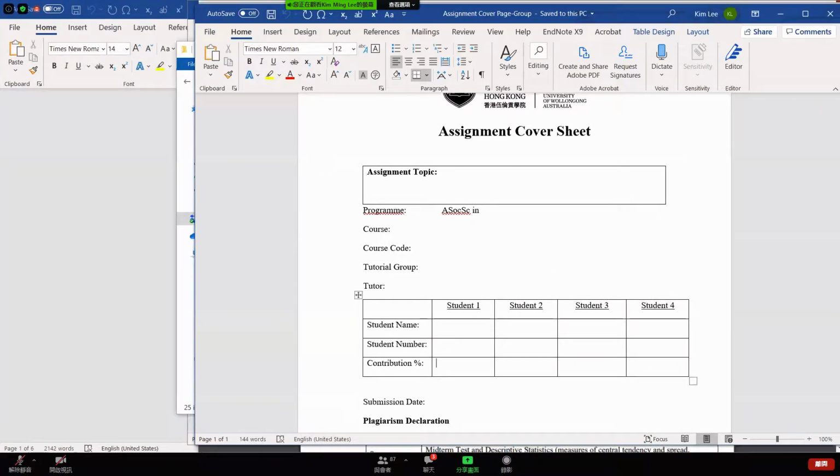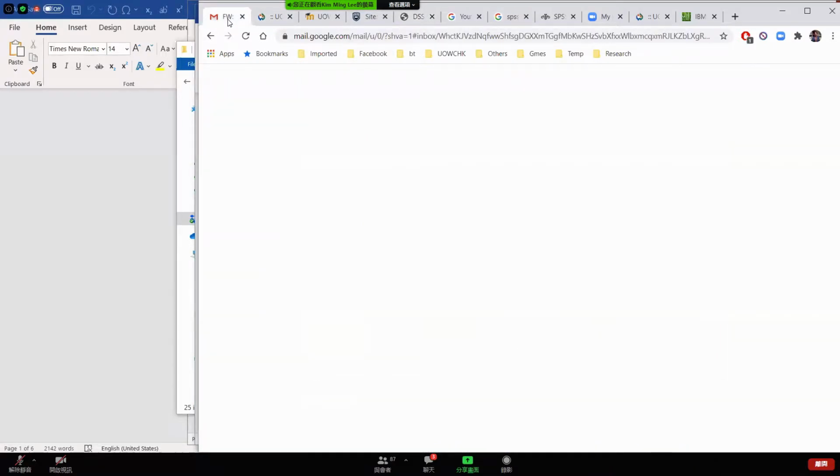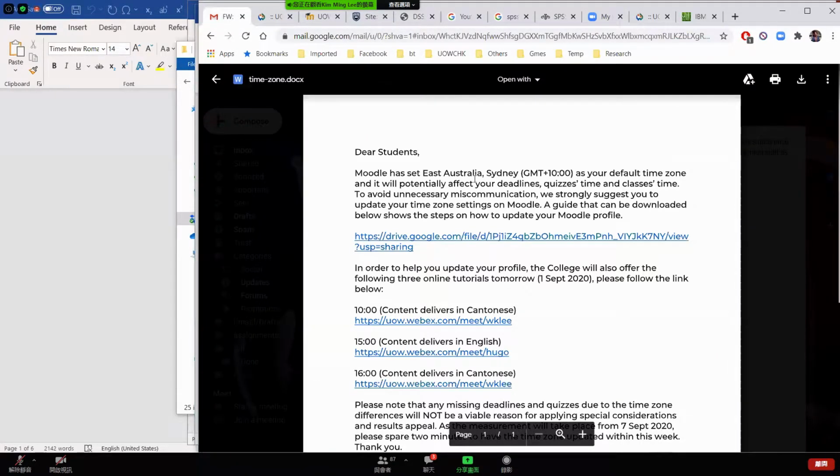One more thing about the Moodle. If you notice that some students cannot log in to the Moodle, there may be something to do with this. I think you received this email from our vice president. Moodle said the time is in Australian time.